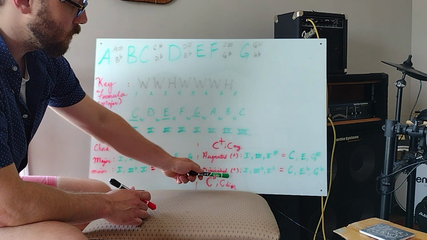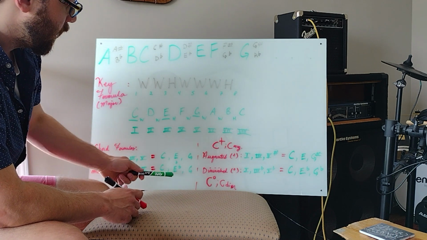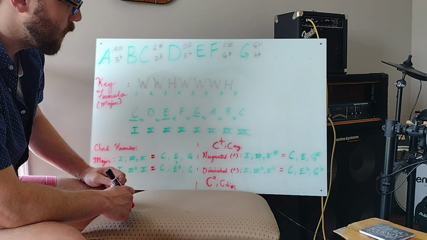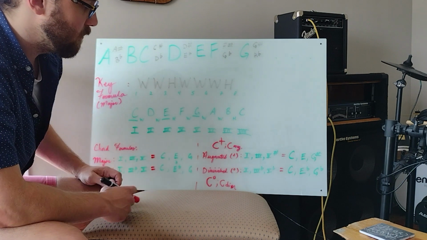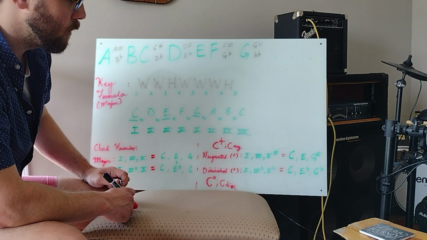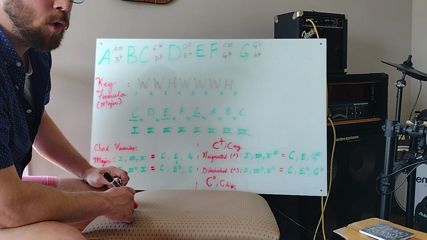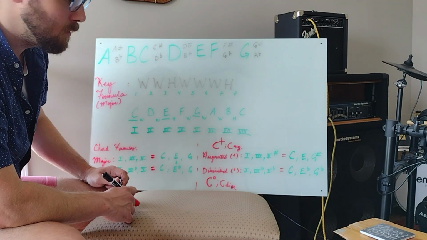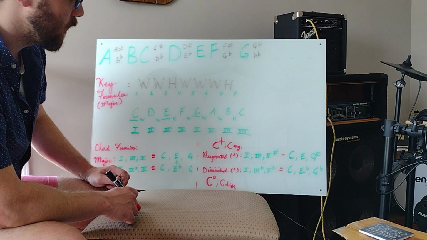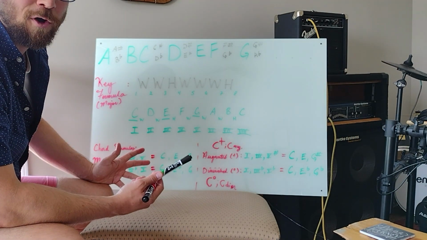The diminished chord, equally the same, has minor tonality, but now the flatted fifth also adds another layer of tension. It just doesn't quite feel right, is one way that people tend to explain it. It almost sounds like you're playing something wrong.